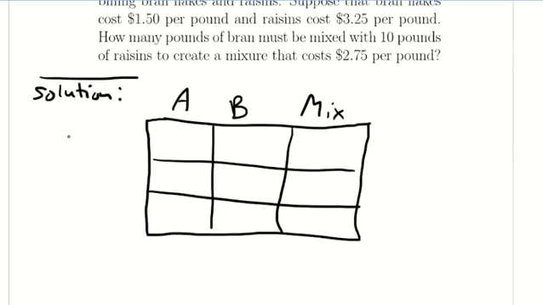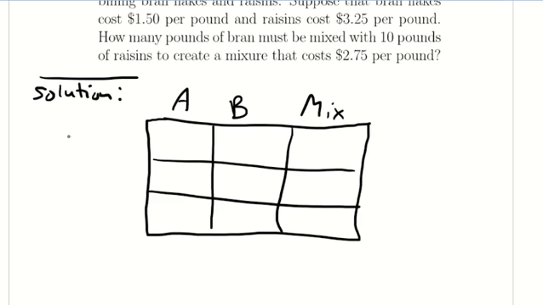So let's put in the stuff that we know first. We know that bran flakes cost $1.50 a pound and raisins cost $3.25 a pound. The mixture is supposed to cost $2.75. Now, how you enter stuff in the grid may change depending on the problem. But enter what you know first. We also know that there are 10 pounds of raisins.